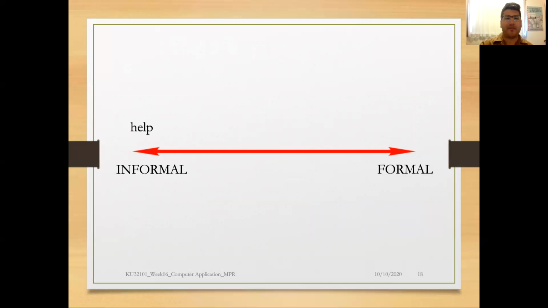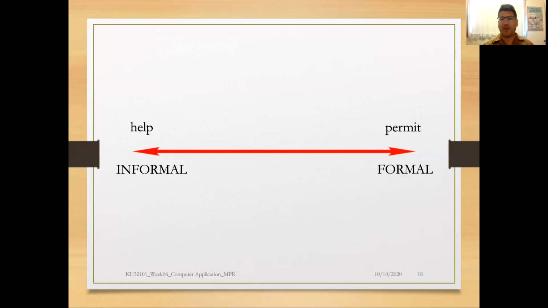The words for today, some are more informal and some are more formal. The word help is most informal. So I might use the word help if I'm asking my friend to help me use the taskbar. Permit is most formal.